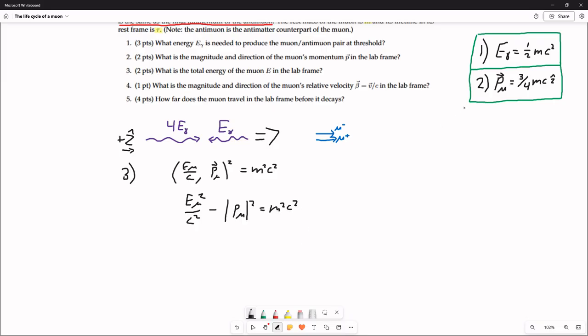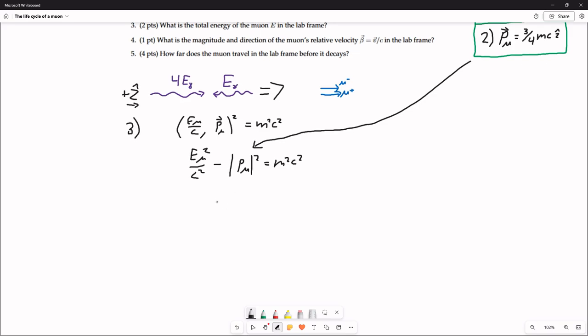And from number 2, you can see we have momentum of mu. So let's plug that in, and I'm also going to rearrange the c squared. So we have E mu squared is going to equal 3/4 mc, all of that is squared, times c squared, plus m squared c to the 4th.